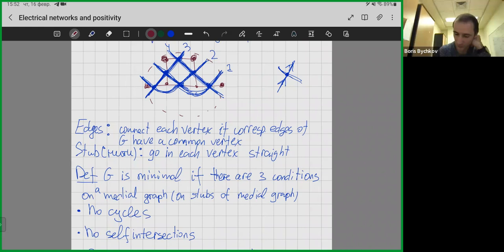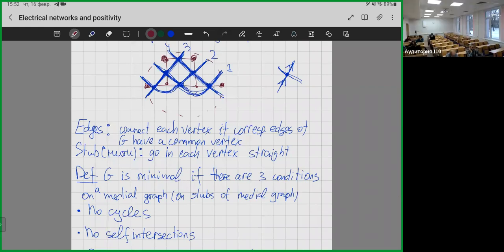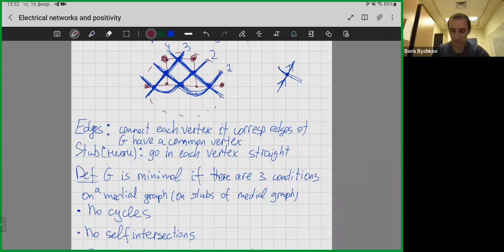Probably it's not necessarily planar. Then self-intersections mean that it's not planar, and it can be reduced to a planar network.